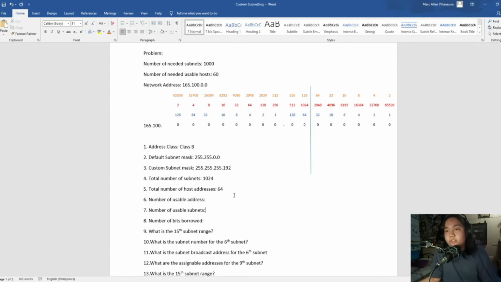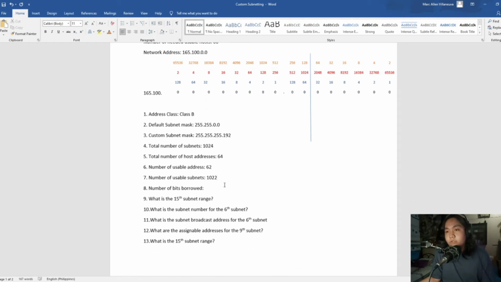So how are we going to answer this? Simply, we just need to minus 2 from our subnets and our host addresses. So 64 minus 2 is 62, and 1024 minus 2 is 1022. If you're wondering why we need to minus 2, simply because the first and last values are invalid. So we always subtract 2.